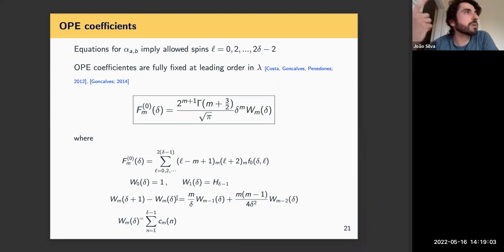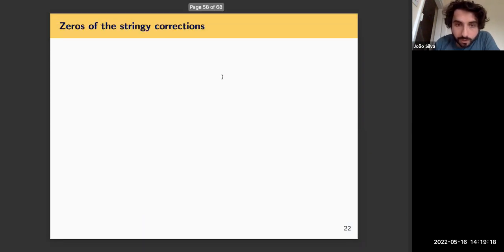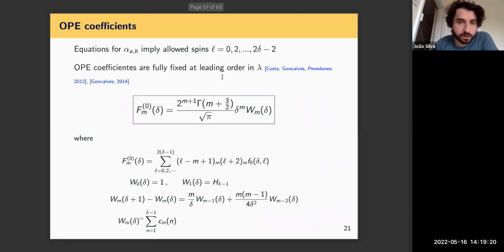And then W3 will involve the harmonic number of degree 1 to the power 3 and the harmonic number of degree 3, and so on. So that's the structure of the equations. These are our results about the flat space limit coefficients, and some of these OPE coefficients were already known.